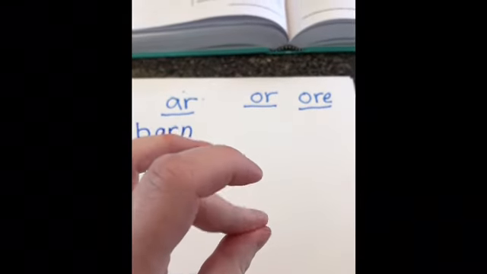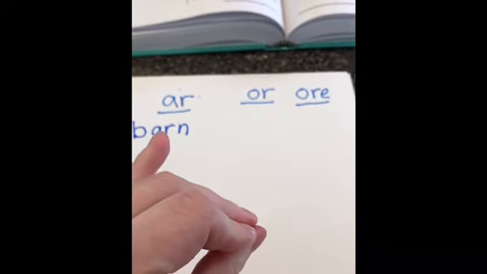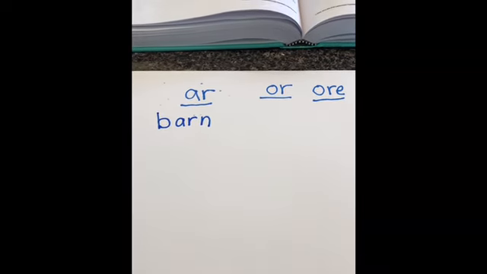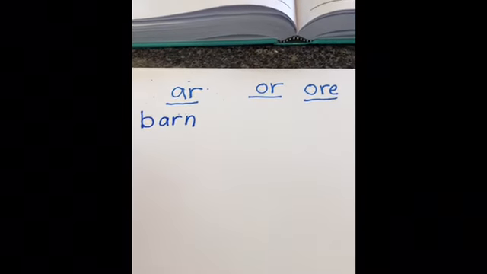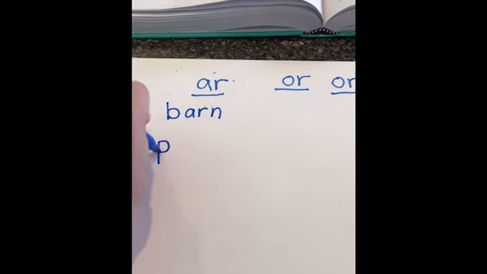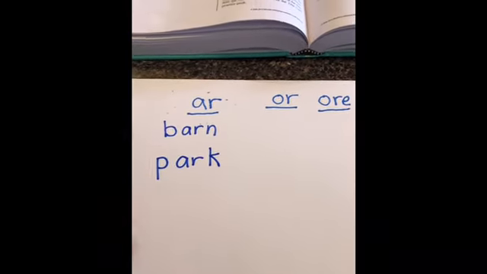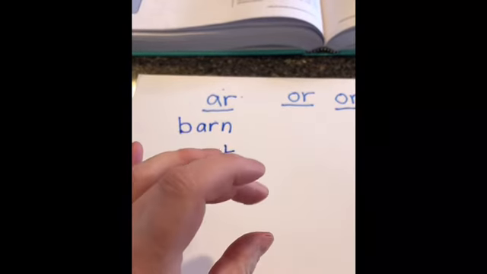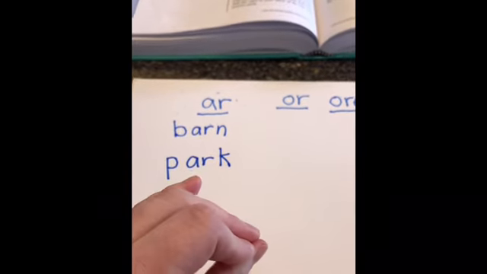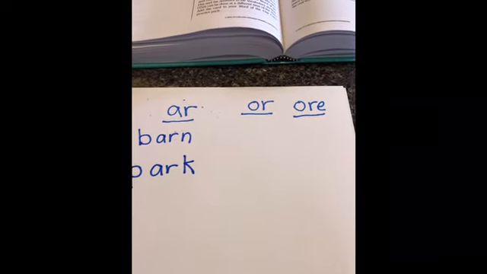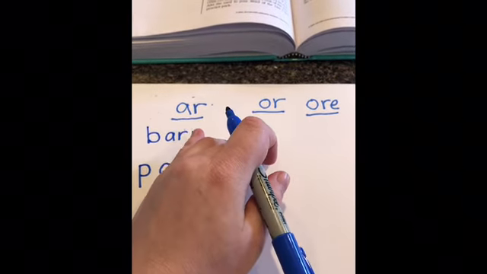Barn. We also have park. Park. Tap it with me again. Park. Park.